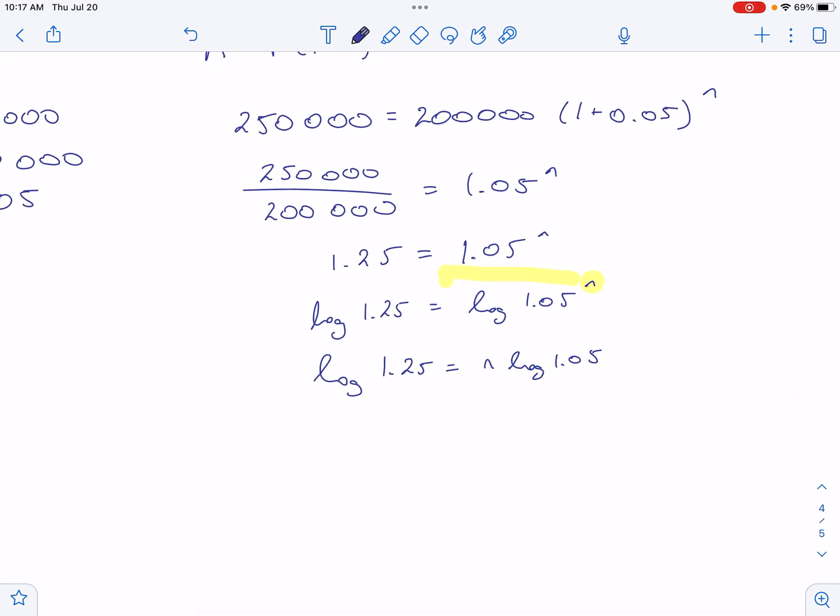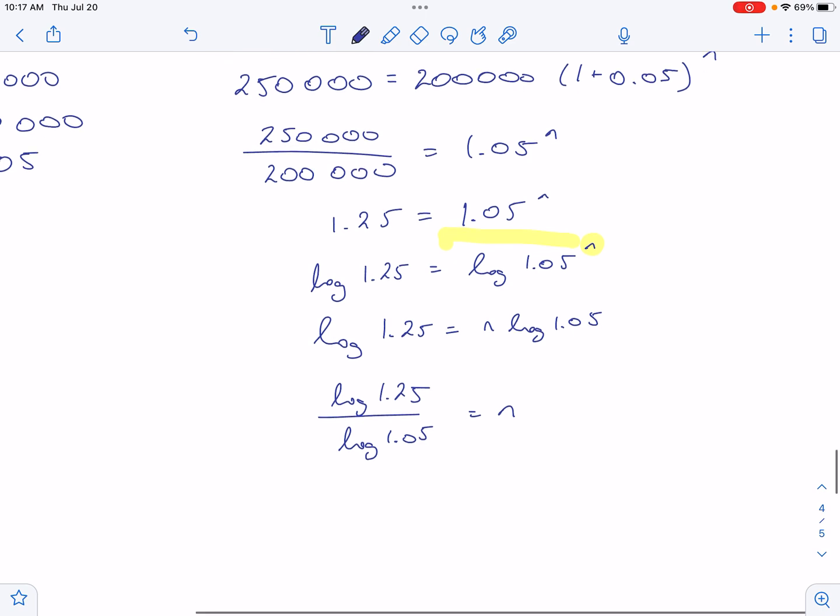I can rearrange and divide both sides by log of 1.05 in order to find my n value. And typing this in the calculator, I get about 4.6 is equal to n.